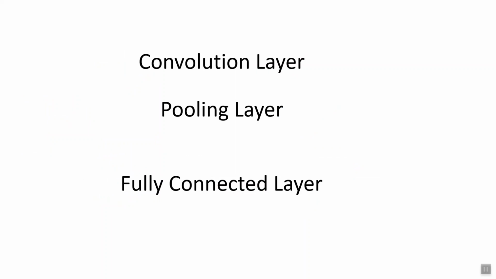And now I am going to show you what the fully connected layer is. The fully connected layer takes the convolution and pooling layer outputs and uses logic to figure out what image it is.